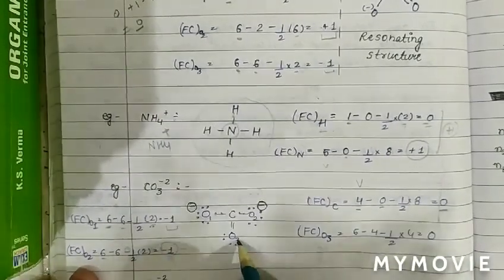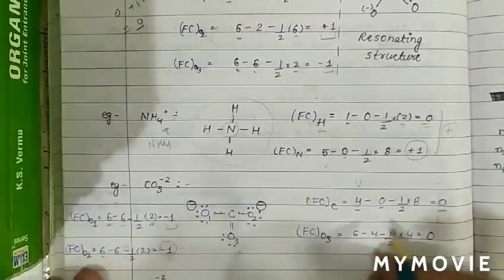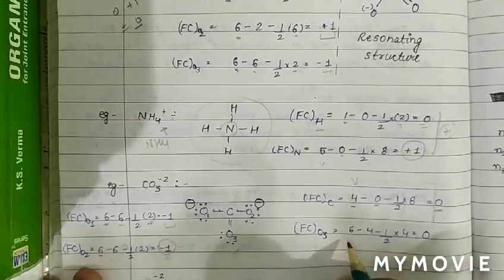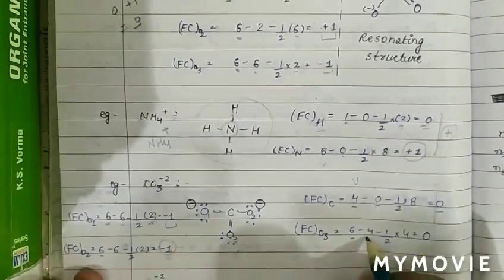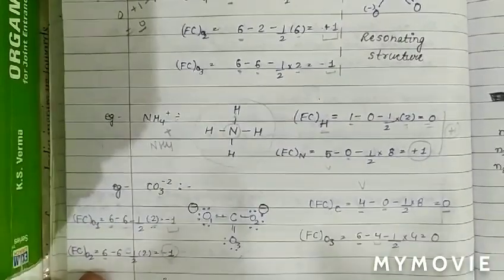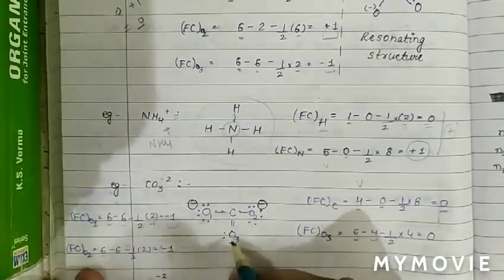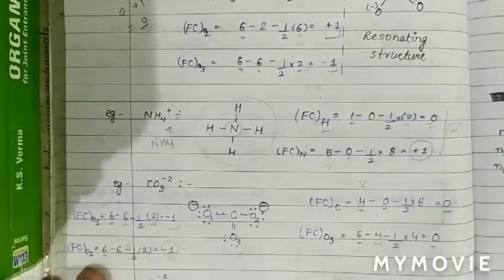Similarly, we will calculate the formal charge on the third oxygen atom, O3. Oxygen is a group 16 element, so valence electrons are 6, minus unshared electrons, 1, 2, 3, 4, and minus half of shared electrons for this oxygen atom, 1, 2, 3, 4. So formal charge on this oxygen atom is 0.